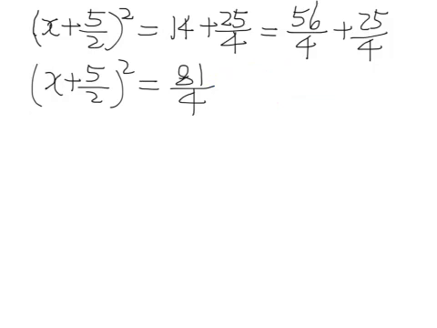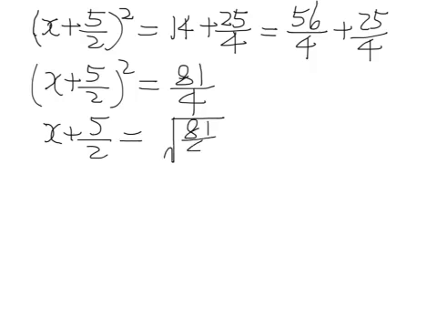Let's continue. In order to take out this square, I want to take out the square here by putting a square root sign around the right hand side, and don't forget you need to add plus or minus sign.